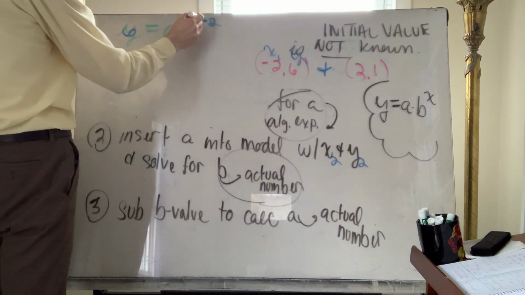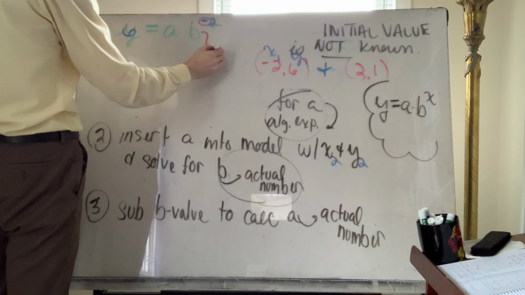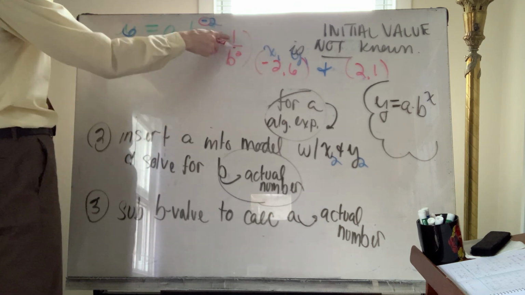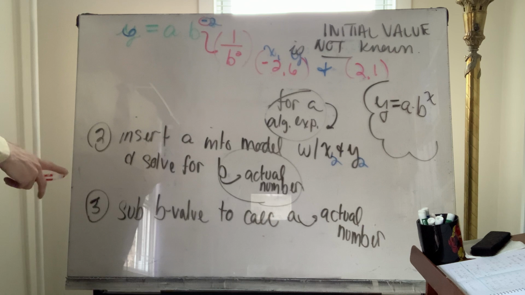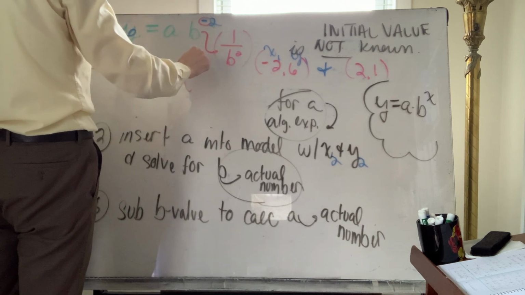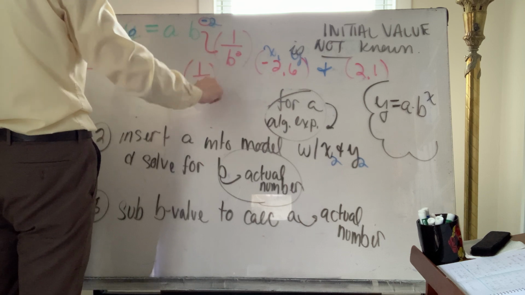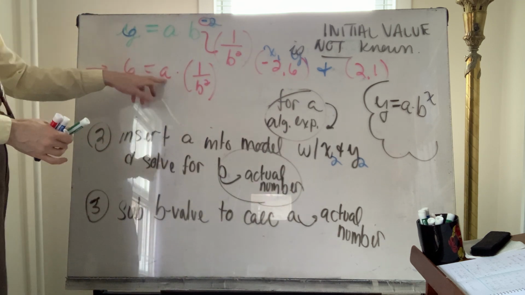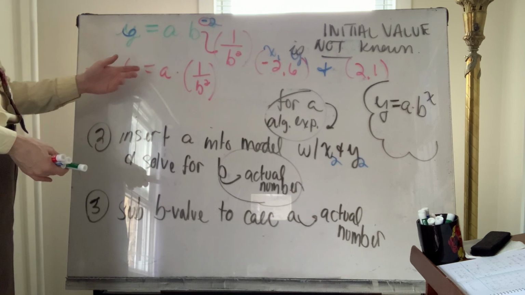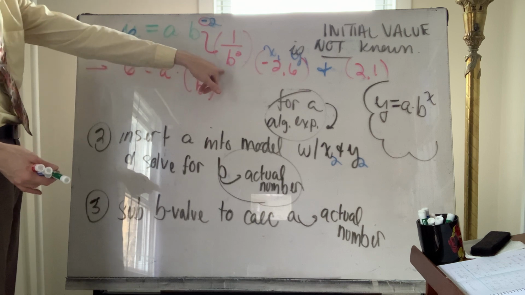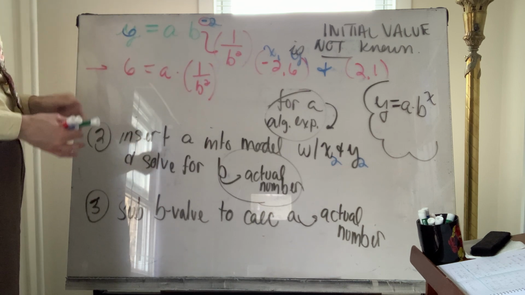Beware, when you have a negative exponent, this is producing a reciprocal instead. So what do you really have? You have 6 is equal to a times 1 over b squared. If you want to solve for a, you have to isolate a, which means that you're going to move b squared from here to the other side.